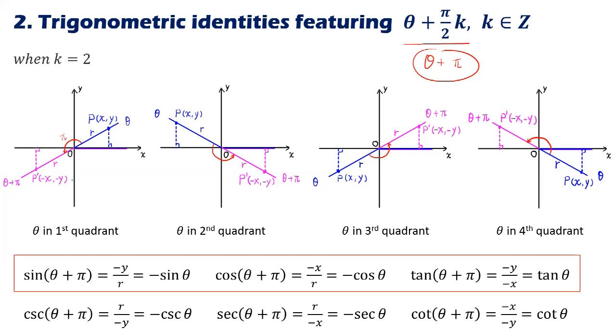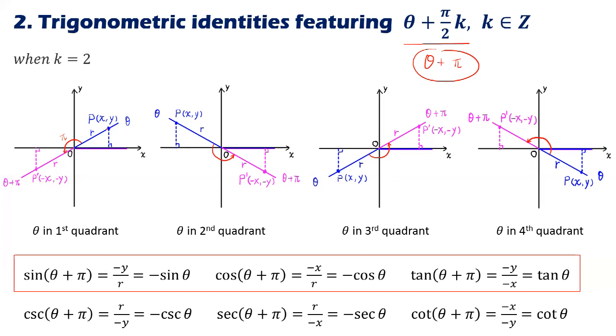Remember that this is pi. So the original point P with coordinates x and y will come to a new position P prime with coordinates minus x, minus y, right?